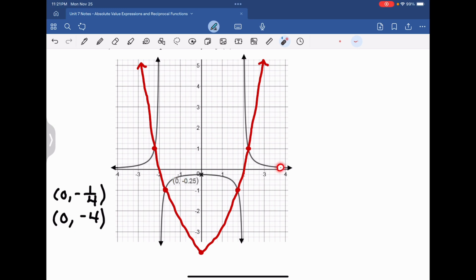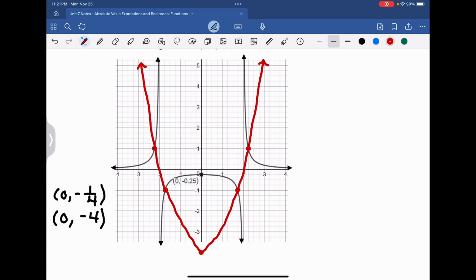If it was a low y value, the reciprocal of that would be a high value. If it's a high value, it becomes a low value on the original graph, and vice versa. We can go backwards and forwards with that, saying they're always going to be opposites of each other in terms of the y value on the original being the reciprocal of the y value on the new, and the opposite to that as well.